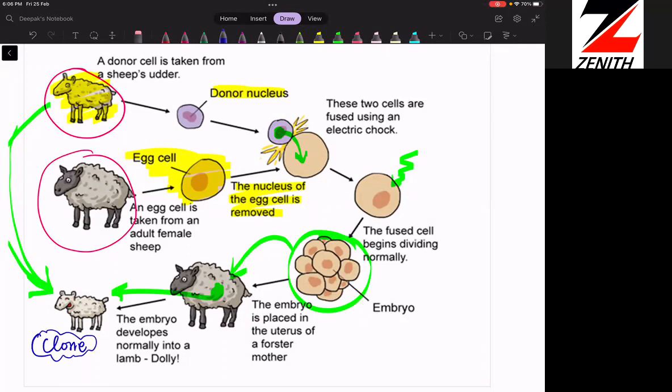The black sheep is giving birth to a white sheep. Understood this? Yes. That's what cloning is. So cloning of animals is banned in half of the countries. Cloning of humans is theoretically banned throughout the world, but a few countries are working on it unlawfully.